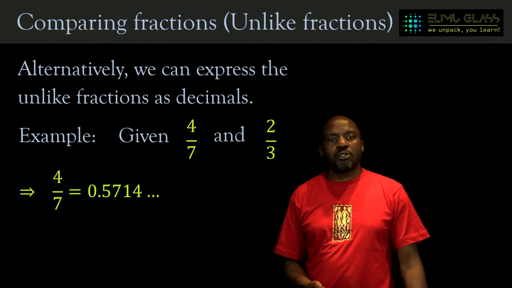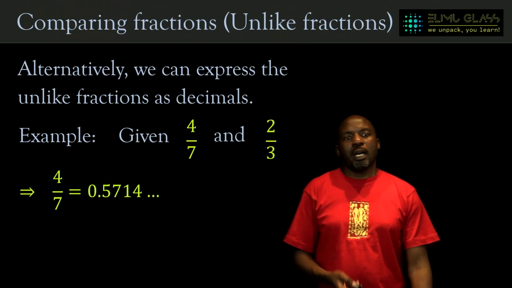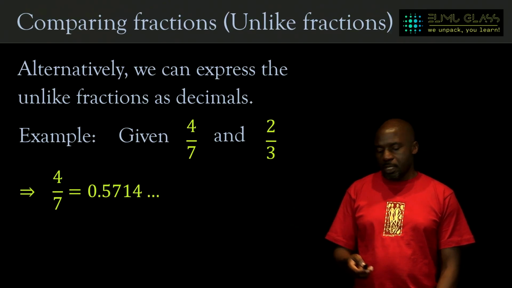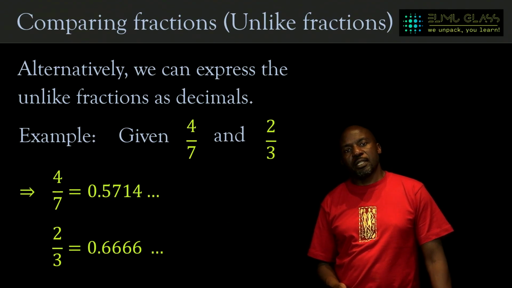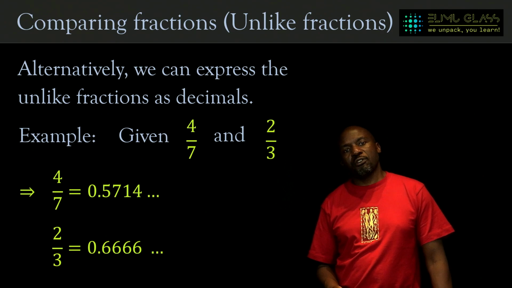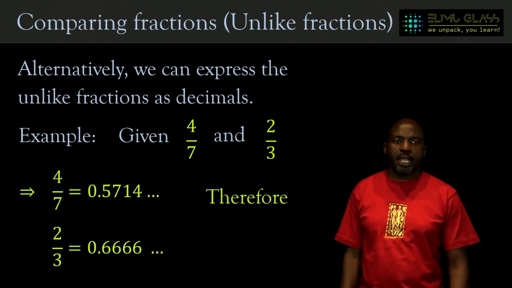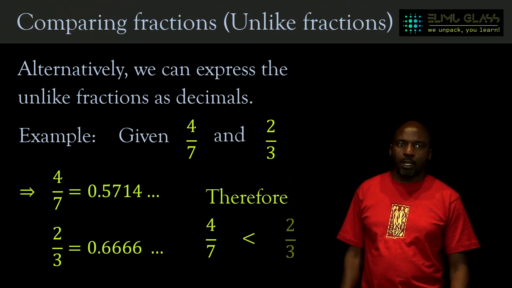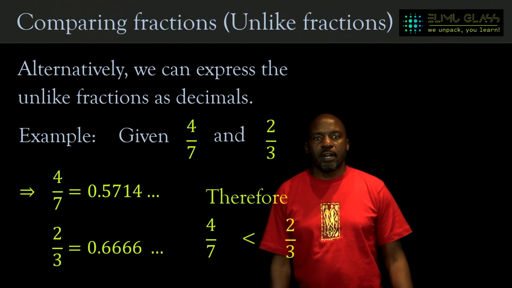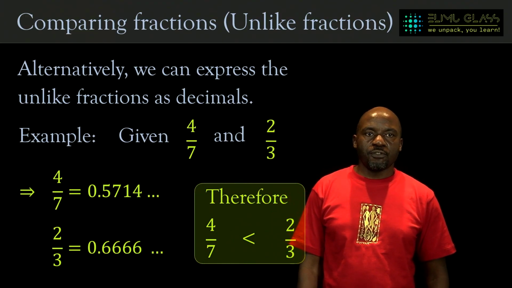Sometimes just 2 decimal places is enough. 2 over 3 is a recurring decimal, 0.6666. And so you can see by looking at the decimals that 2 over 3 is greater than 4 over 7. So this is a second way of comparing fractions. Right. Let's move on.